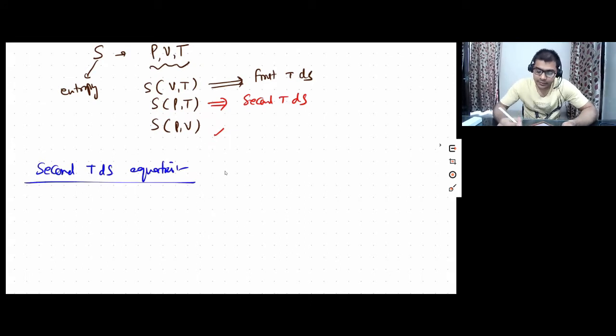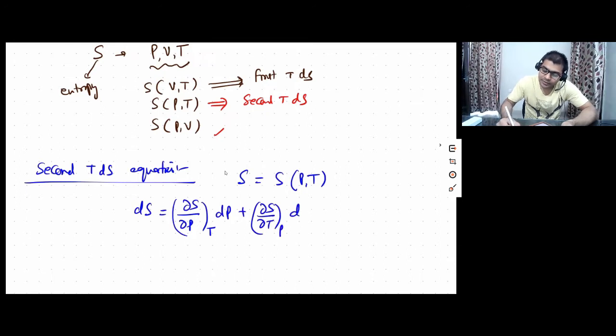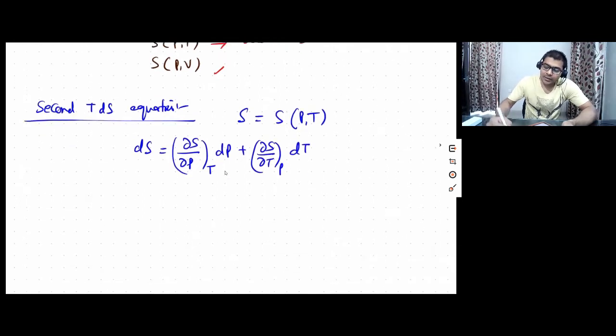All right, since we are taking the entropy of the substance as a function of P and T, I can write dS as del S over del P at constant T dP plus del S over del T at constant P dT. That's equation number two.